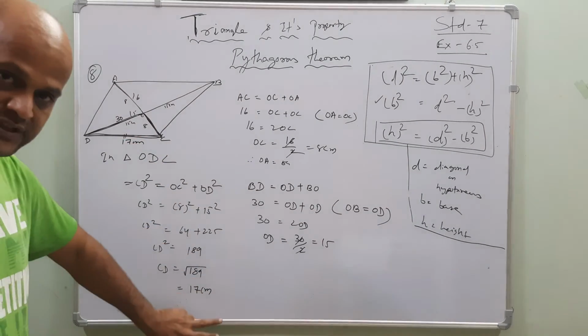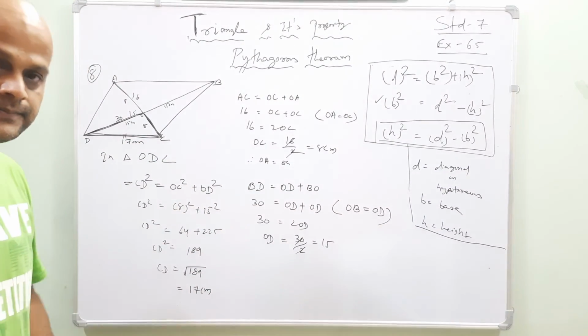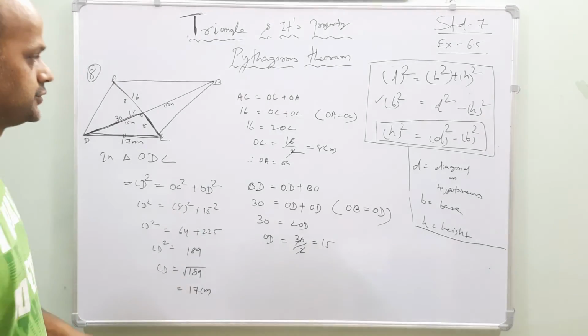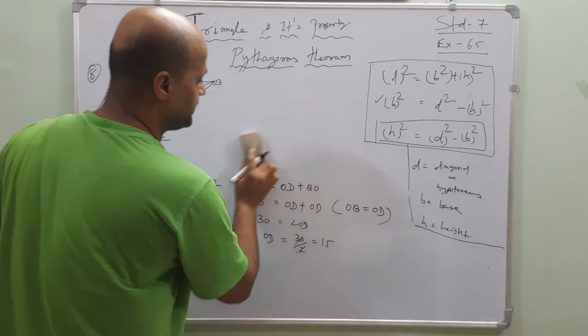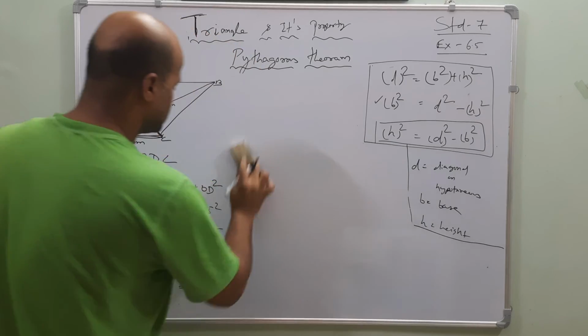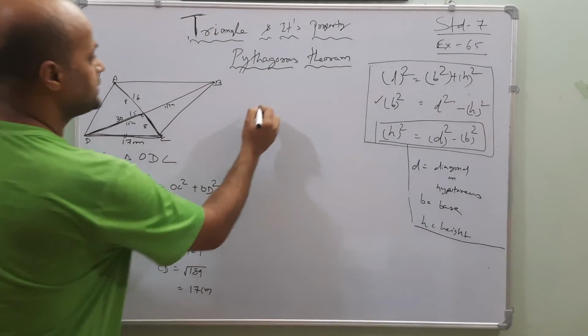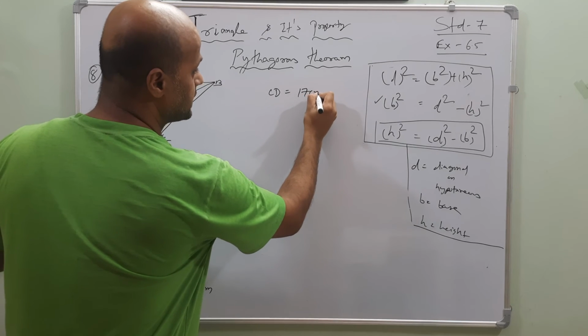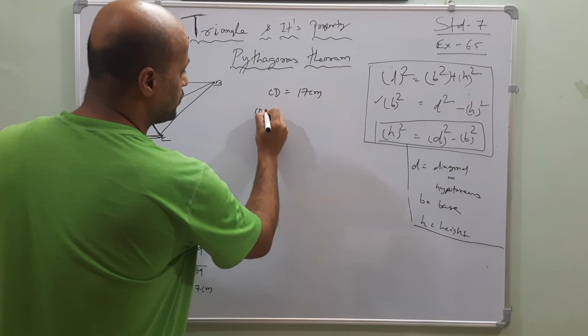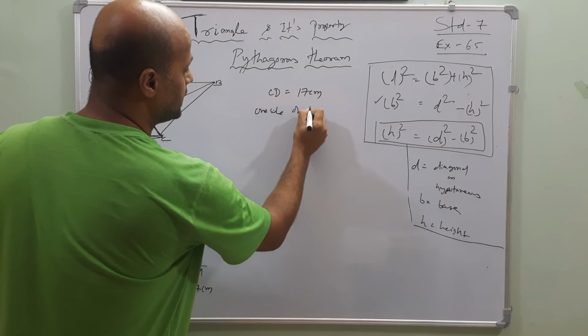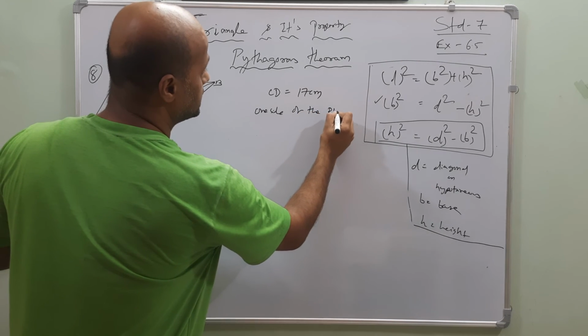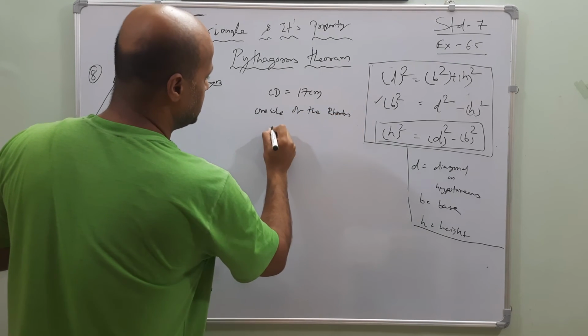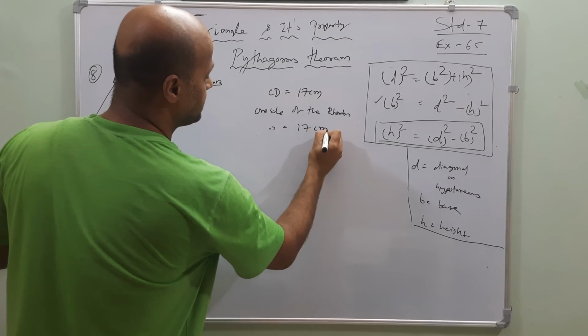Up to this much it is understood, my dear friends? Good. Shall I erase this one? Like this manner, step by step, you have to solve it. Now, CD is equal to 17 centimeter, or you can say one side of the rhombus is 17 centimeter.